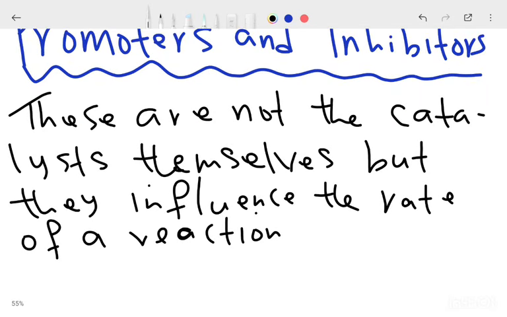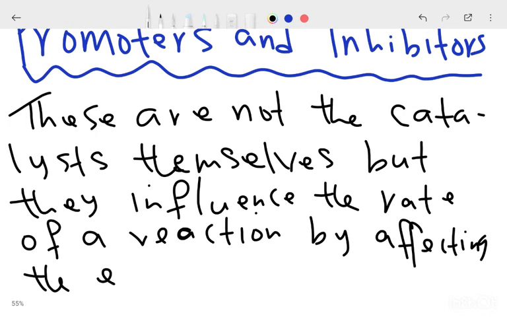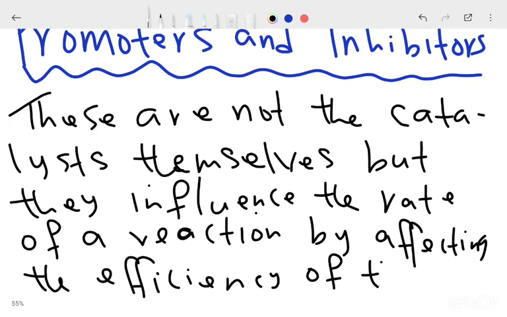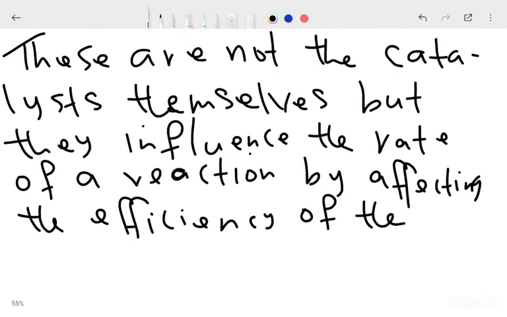They influence the rate, okay? They influence the rate of a reaction by affecting the efficiency of the catalyst.